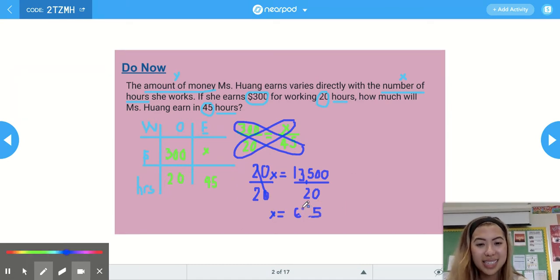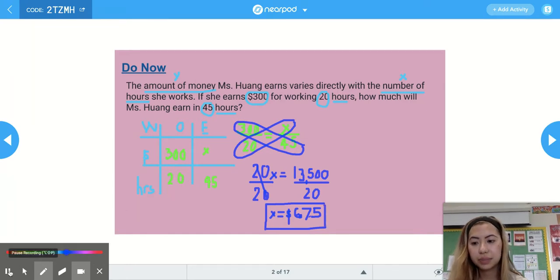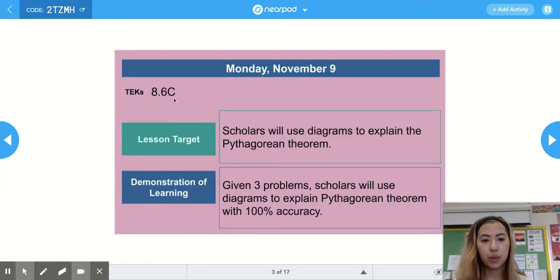My mistake, it's actually going to be 675. And x represents the dollars, so I have to be sure to include the unit. So in 45 hours, I made $675.